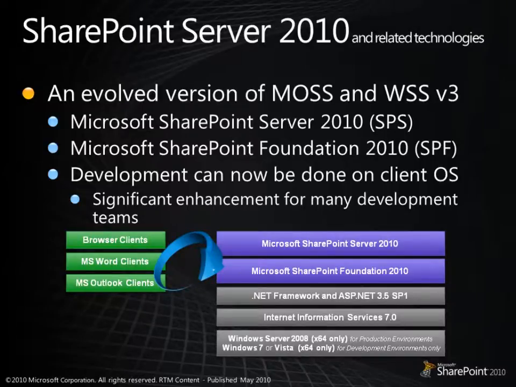The supported client operating systems includes 64-bit versions of Windows 7 and Windows Vista Service Pack 2. Note, though, that client operating systems are only supported as the development environment usage. You shouldn't be using the Windows 7 or Windows Vista SP2 within the production environment.